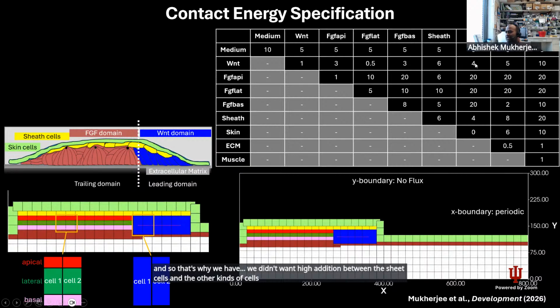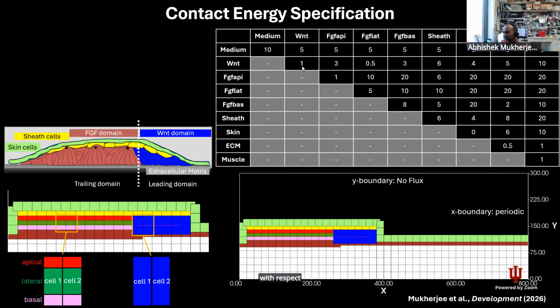Wnt and skin, we did not want the Wnt and skin cells to really adhere to each other, otherwise that would impede migration, and so we have it relatively higher in terms of contact energy with respect to Wnt and Wnt. And Wnt ECM was also relatively higher.